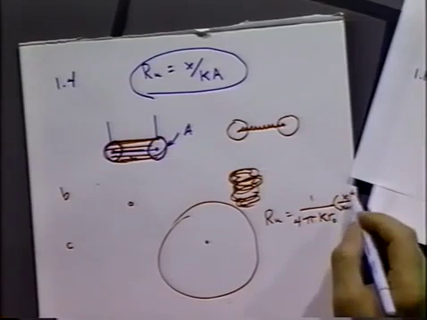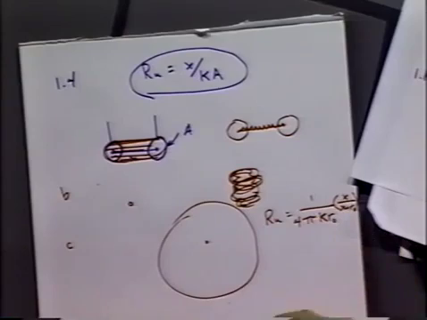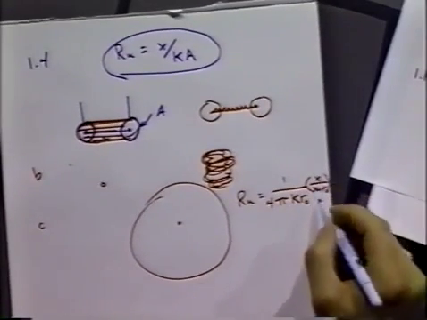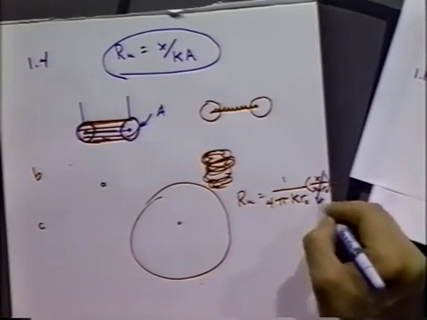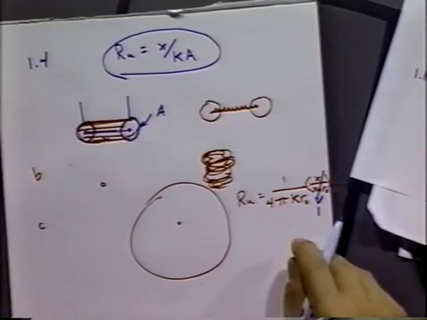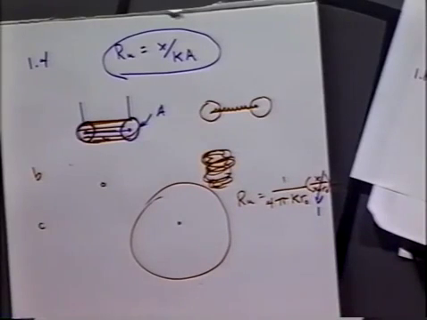This part of the equation goes to 1, correct? So the derivation assumes that you can have various distances here, but if x is very large, this goes to 1. So that's basically how you solve that.